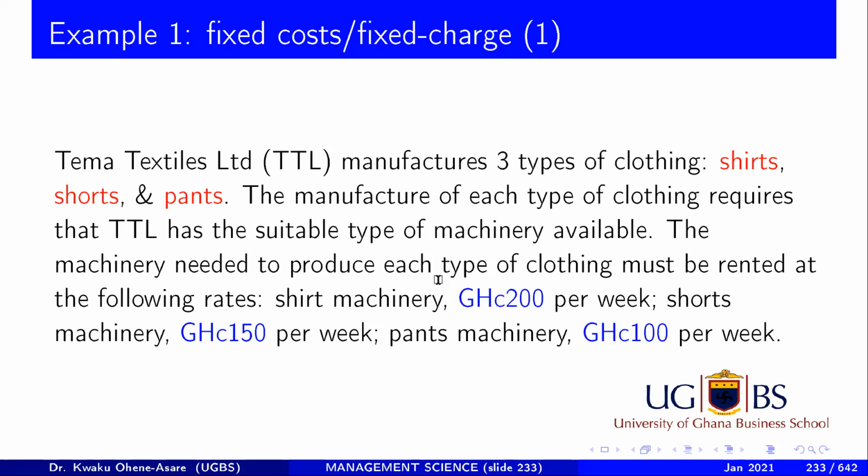Shirt. Pant machinery is only going to be there if I am going to produce pants. Now we can write that mathematically. Okay. So let me just go up there and show you something interesting.